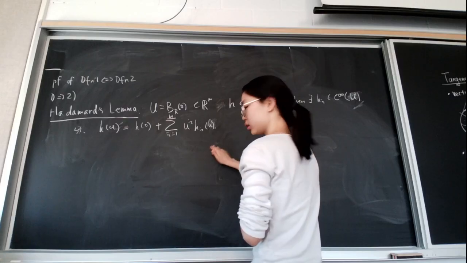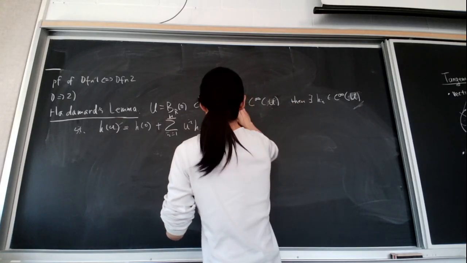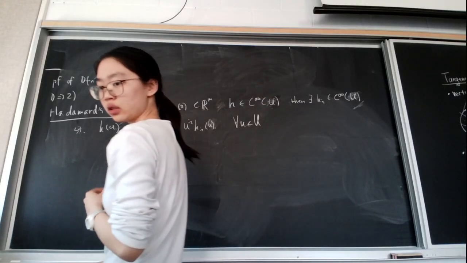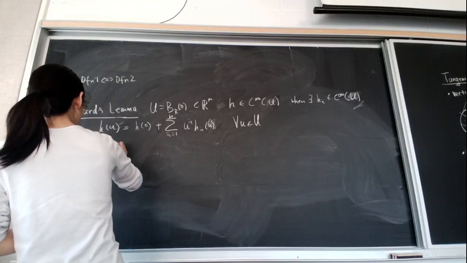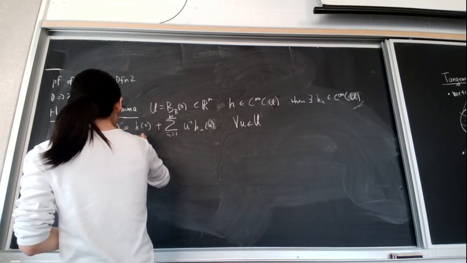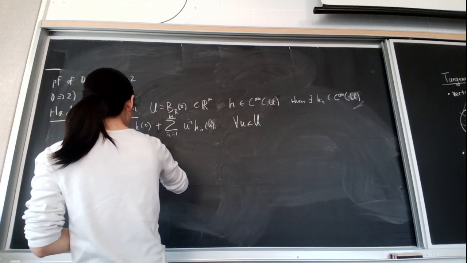And hi has the property that this is true for all u in U. And then we also have that hi of 0 is equal to partial h partial ui at 0.